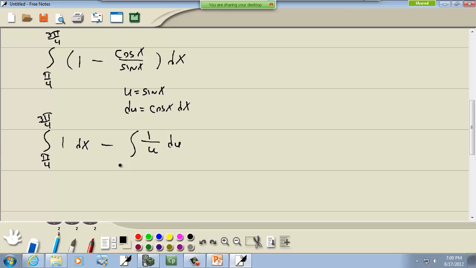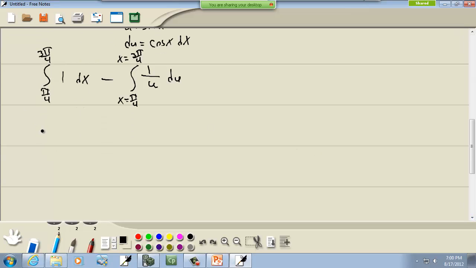And I'm going to write here that these are the x values, so x equals pi over 4 and x equals 3 pi over 4. Again, I just replaced the sine x with u, and then the cosine x dx became my du.